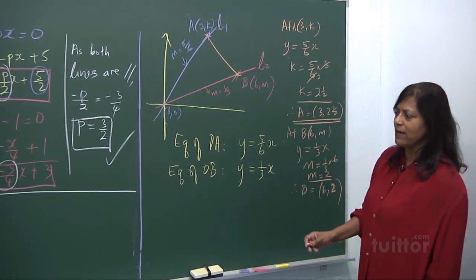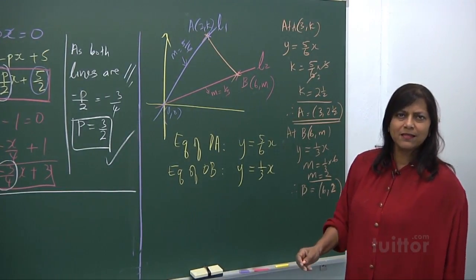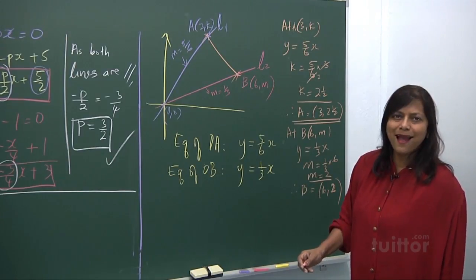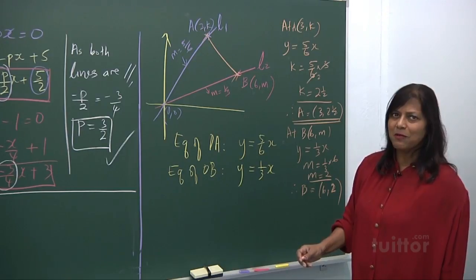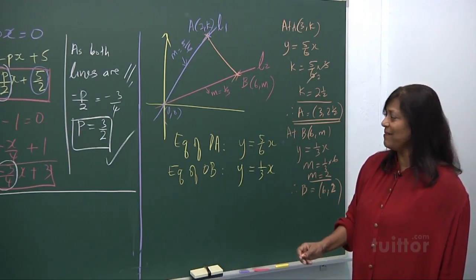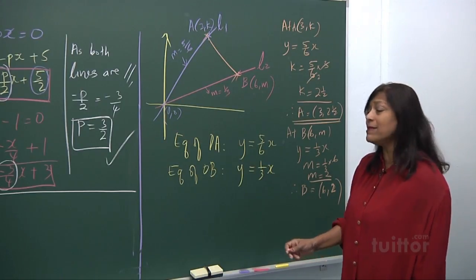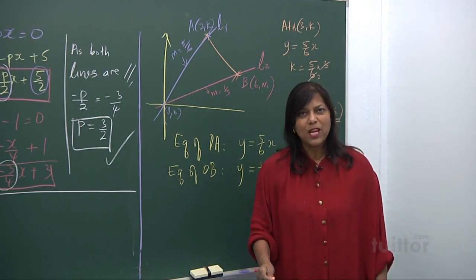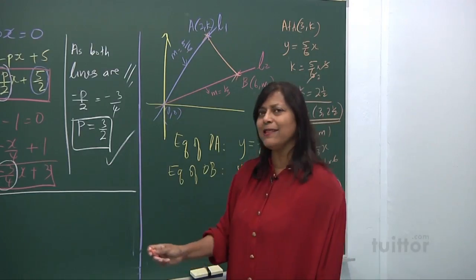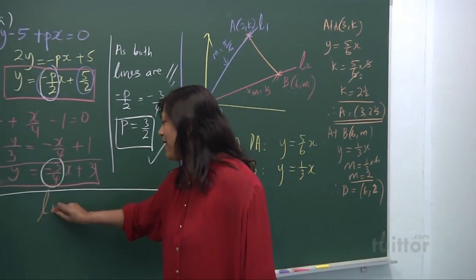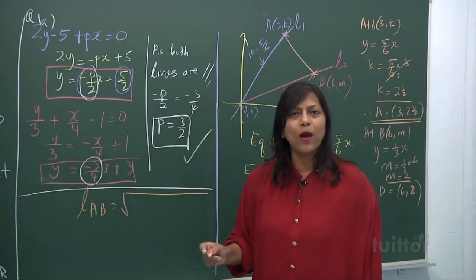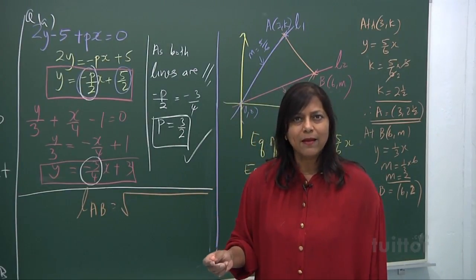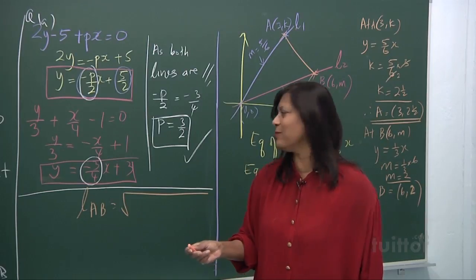Now they want to find the length of AB. By now, I know you must be finding Pythagoras' theorem pretty easy, and we also apply our common sense, remember? We know the formula for the length of a line. You could use: (y1 minus y2) squared plus (x1 minus x2) squared.